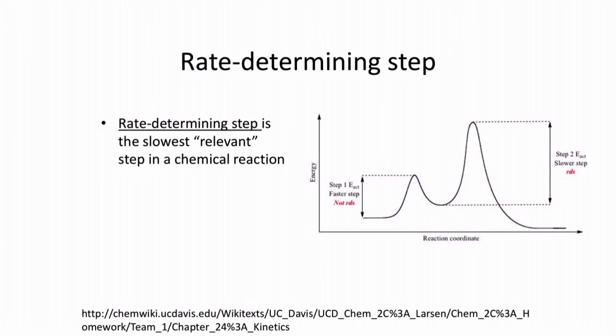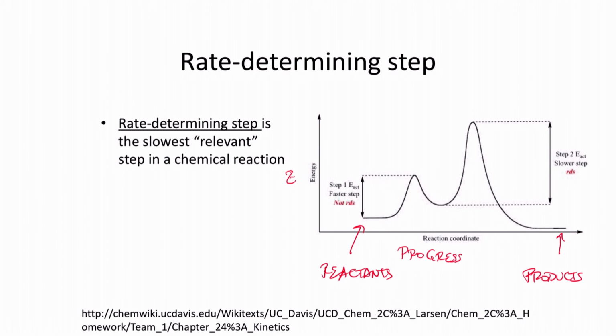Okay, and so on this graph, we have energy on the y-axis and something called the reaction coordinate, or the progress of the reaction, on the x-axis. So you can think of the reaction coordinate as starting out over here on the left side with the reactants, and then ending up on the right-hand side with the products.